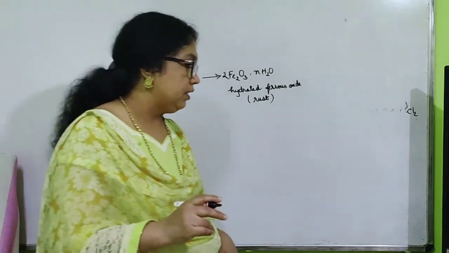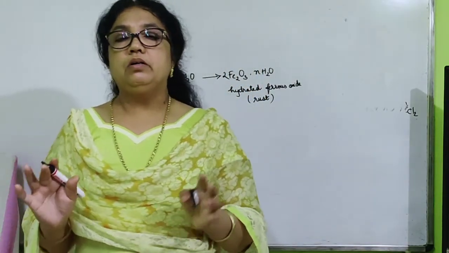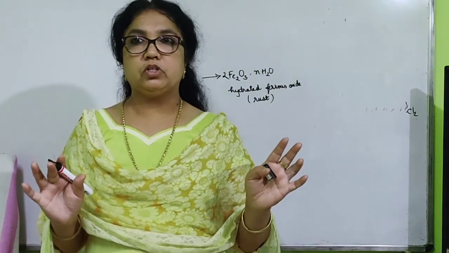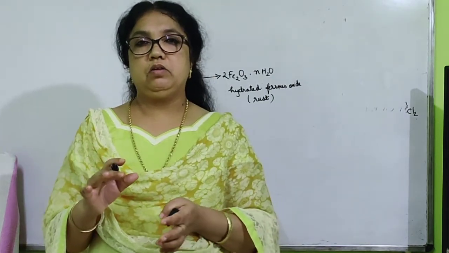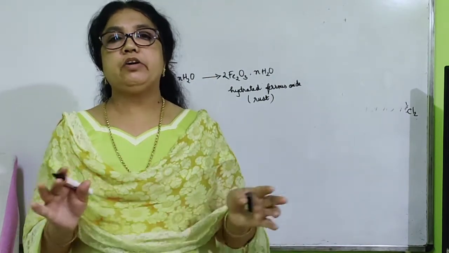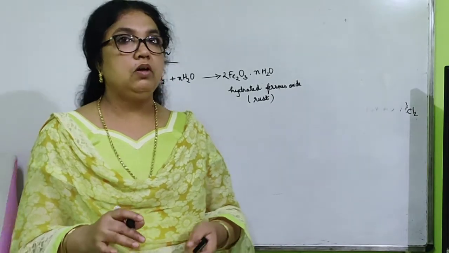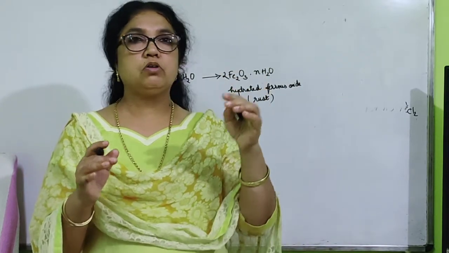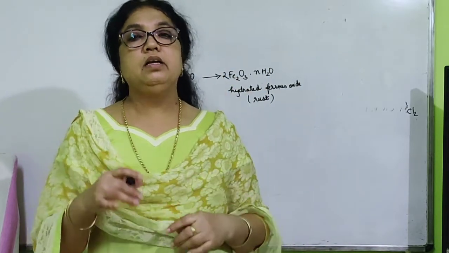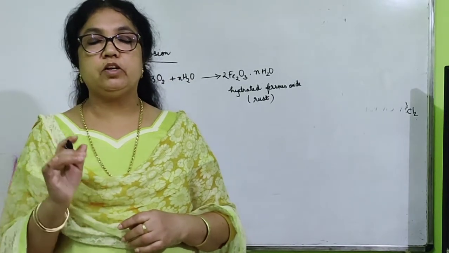Now, due to corrosion, every year too much iron gets lost. So in order to prevent corrosion, we know the grills present everywhere are all painted; grills are made of iron only. Why is painting needed?